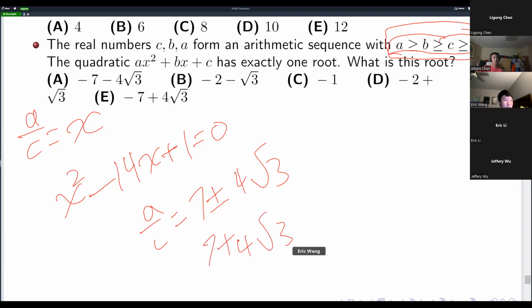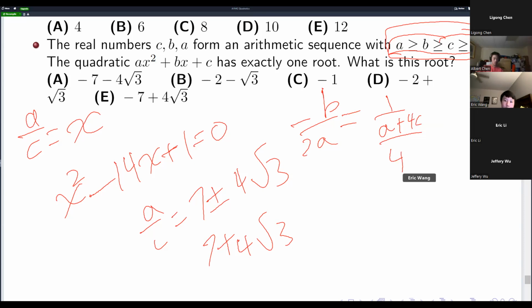And then you plug into what we had for negative b over 2a. We simplified that, and that was 1 over (a plus 4c) over 4. Is that right?